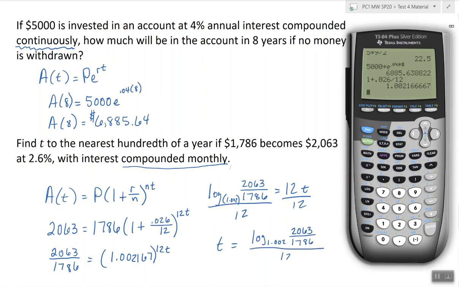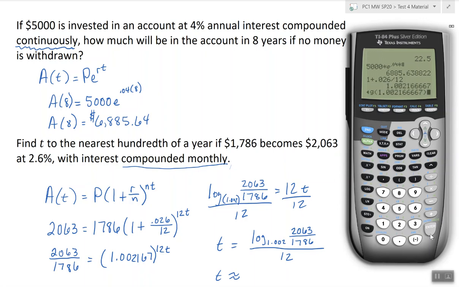And so t is approximately, they want the nearest hundredth of a year. So I'm going to have the log of this number that we had here is going to be my base. So we've got 2063 divided by 1786, and we're dividing that by the log of this number there.